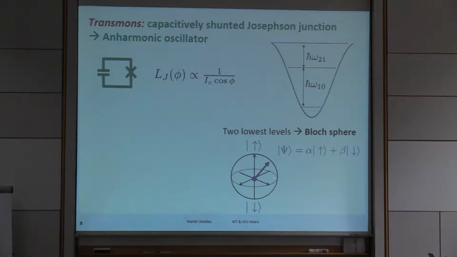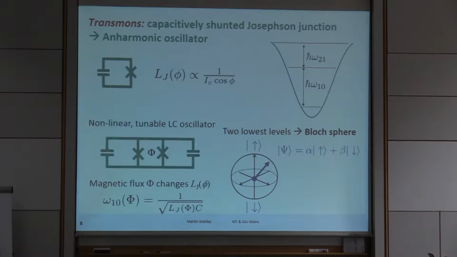So we can create a coherent superposition of both states and also control the phase and target all the surface states. If you have such a system, just a Josephson junction capacitively shunted, then the transition frequencies are fixed, and experimentally this is sometimes not convenient.